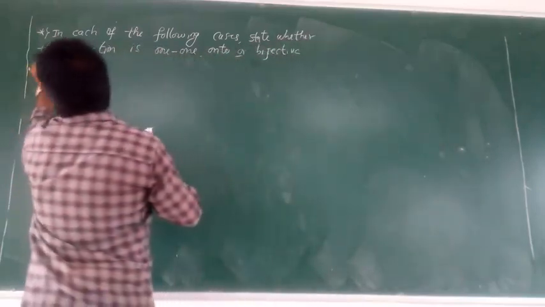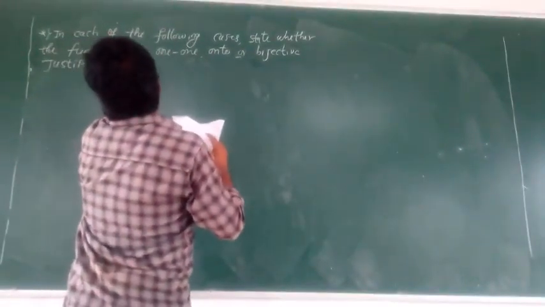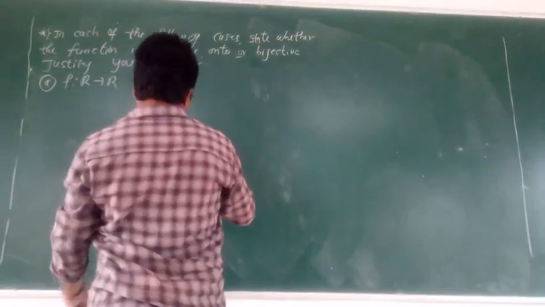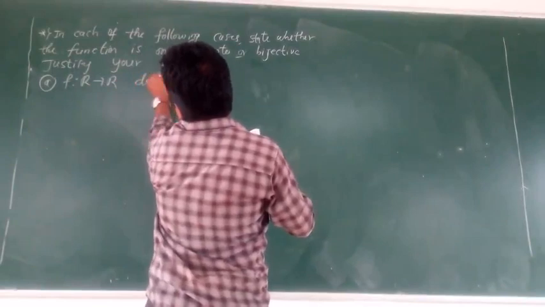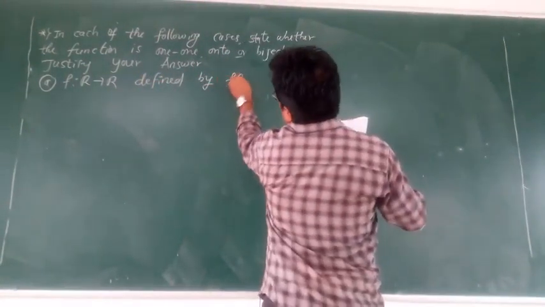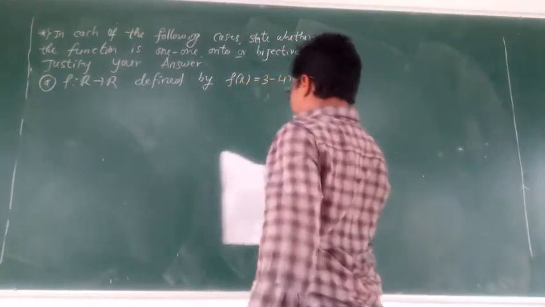Justify your answer. First question: A, f from R to R defined by f of x is equal to 3 minus 4x.